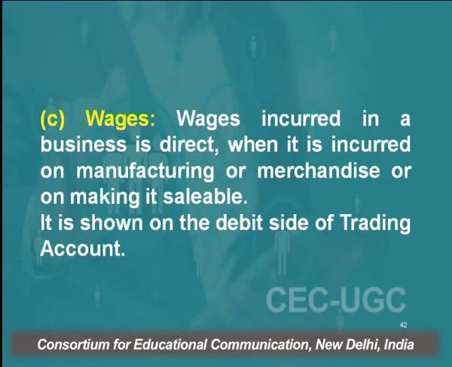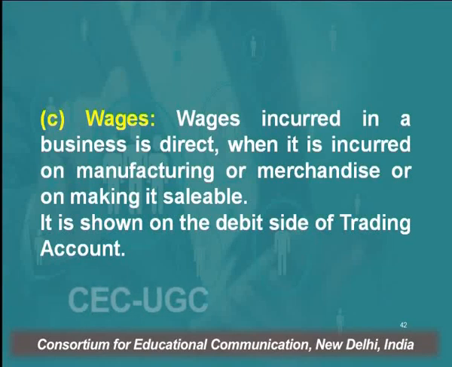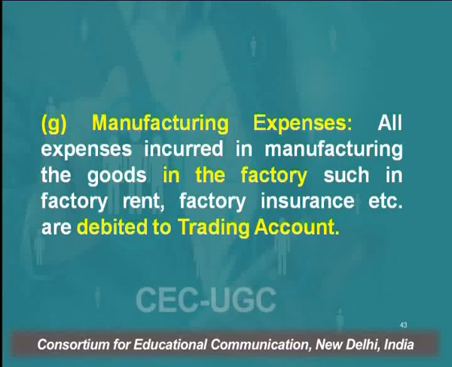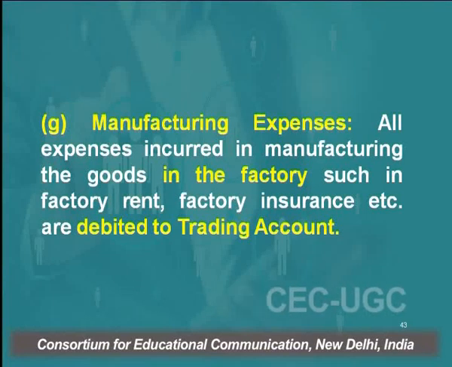Wages incurred in a business is a direct expense when it is incurred on manufacturing or merchandise or on making it saleable, and it is shown on the debit side of the trading account. The next item of direct expenses is manufacturing expenses. All expenses incurred in manufacturing the goods in the factory, such as factory rent and factory insurance, are debited to the trading account.